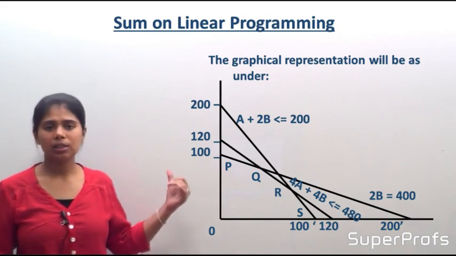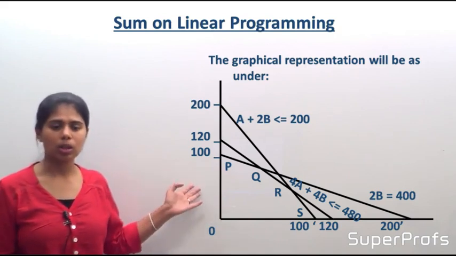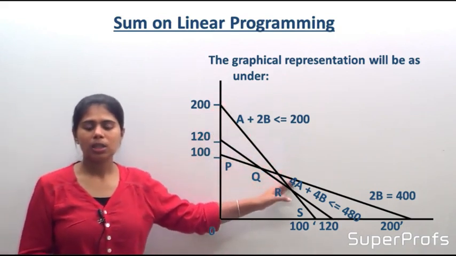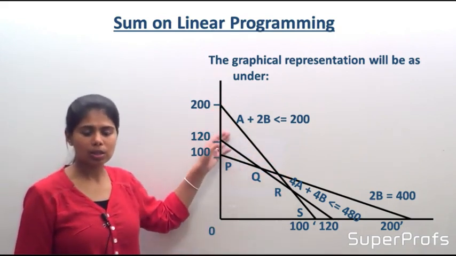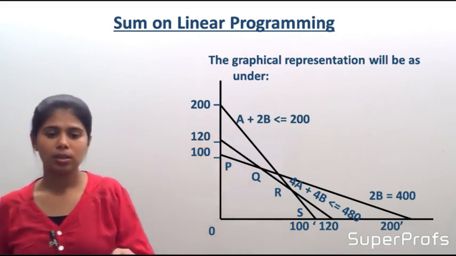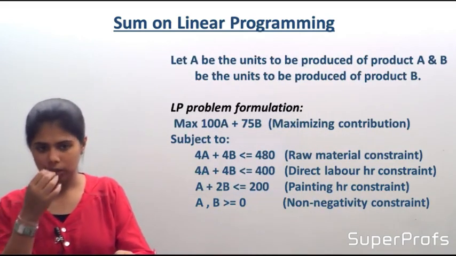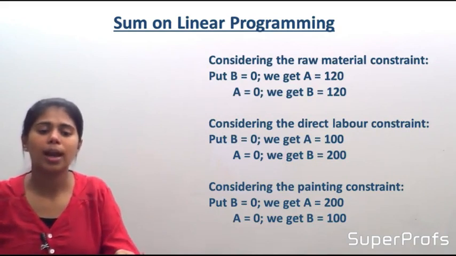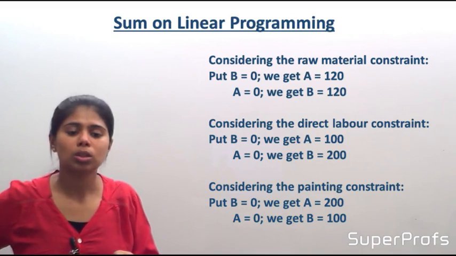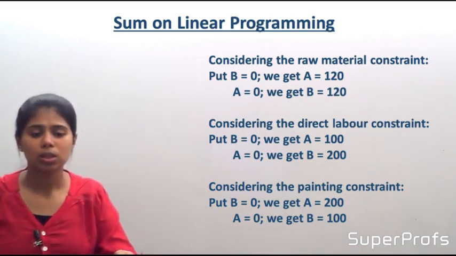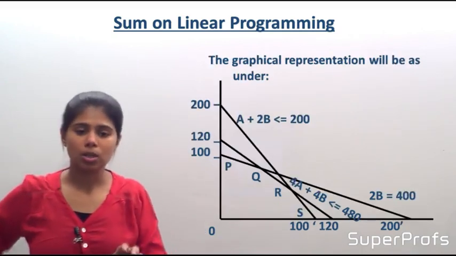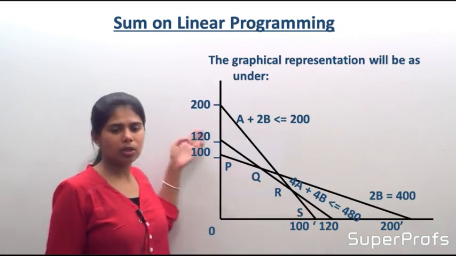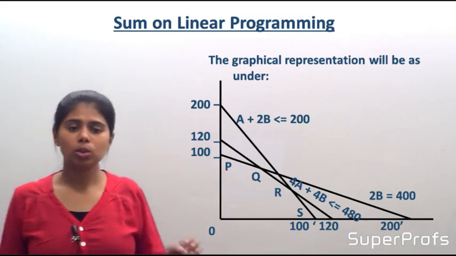This is the graphical representation. This is how it will look on the graph. So if you see, this line is my A plus 2B, which is the painting hour constraint. A plus 2B less than or equal to 200, which was 200, 0 and 0, 100, and this is my line of A plus 2B less than or equal to 200.